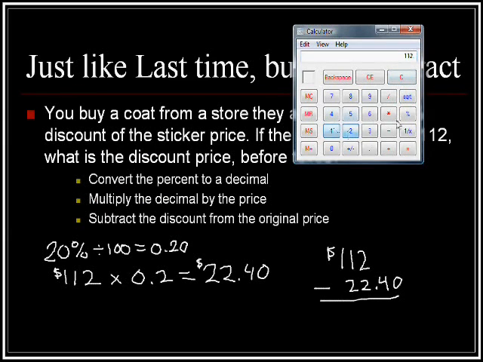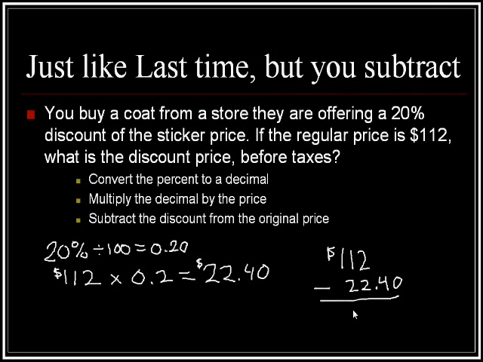So my total price after my discount before my taxes is $89.60. So again, this was like the first couple of examples we did. First thing you do is you convert. All right. Multiply the decimal by the price. Subtract the discount from the original price.